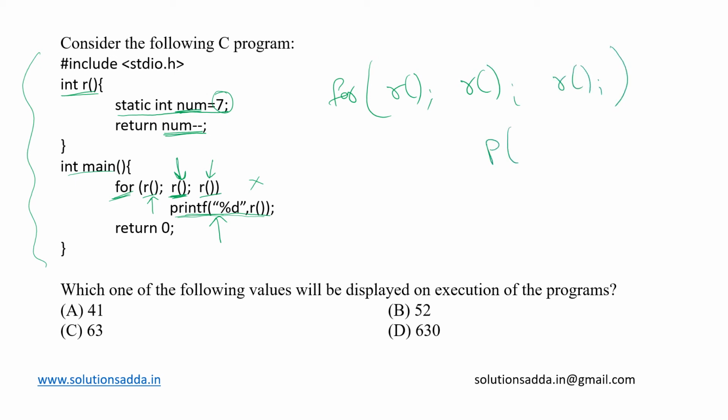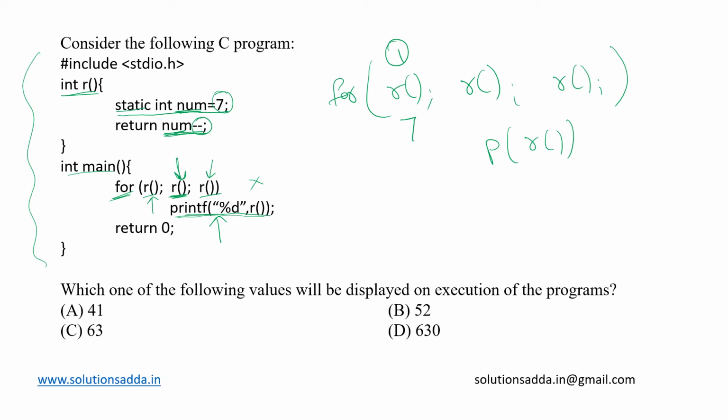Alright, and here we have a print statement which is again a function call to the same function R. Now in step 1, when this first function call is performed, the value returned will be 7. It is returning the same value and after returning it does this post decrement. So in the next iteration it will be treated as 6, and since it is a static variable it will not be initialized again and again. The same value will be continued.